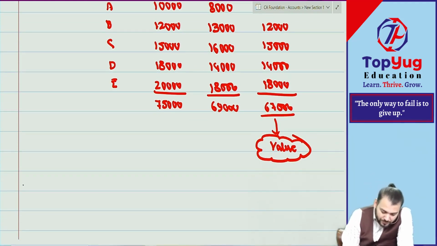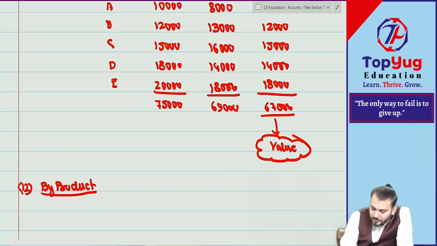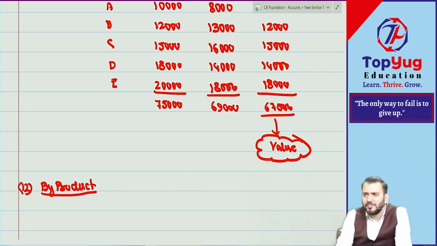Point number: byproduct. Now finished product, we understood finished goods. Whenever we do a production process, sometimes some goods are produced without any intention.